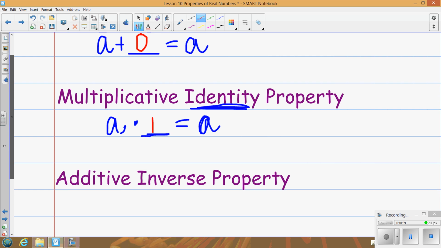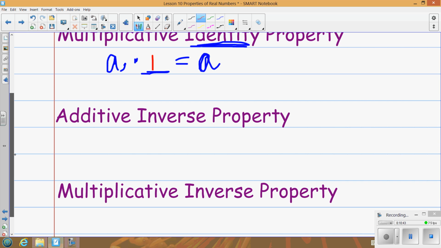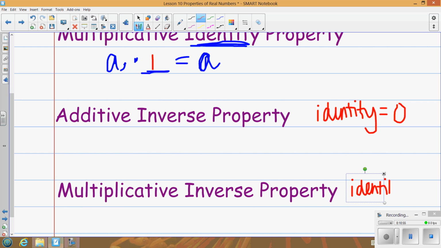Now the additive inverse and multiplicative inverse mean how do you get back to the identities? So you have to think, well, the identity for adding is 0 and the identity for multiplying, because it's what can you multiply by a number to keep its identity, is 1.